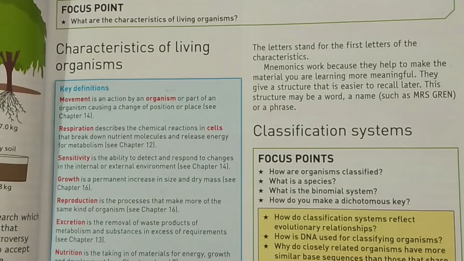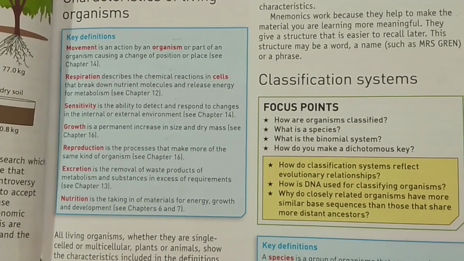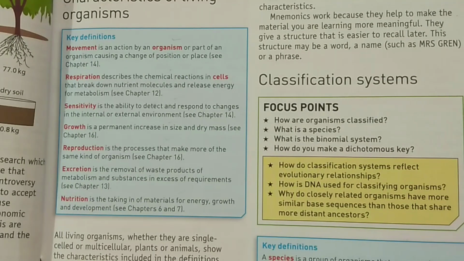All right, so the next topic we are going to talk about is the classification system. The classification system depends upon the characteristics of living organisms. Every organism shows characteristics. If organisms show the same characteristics, they should lie in the same group, or be classified together.